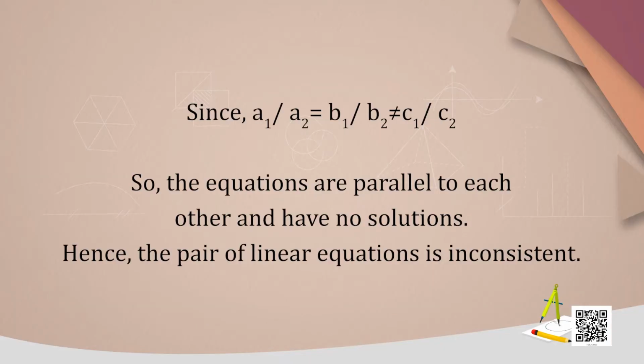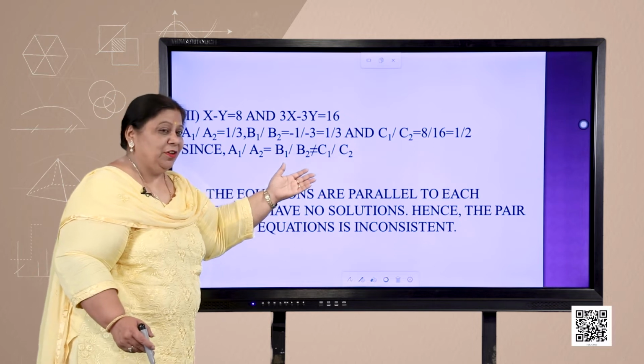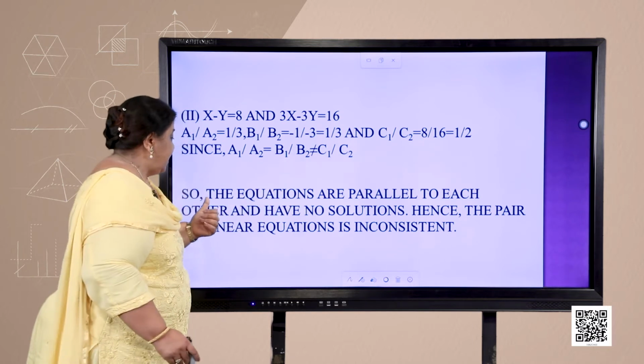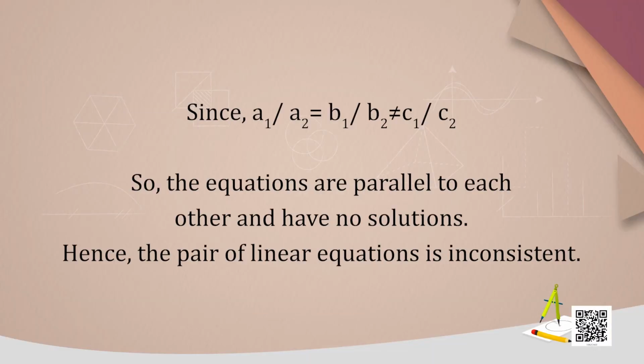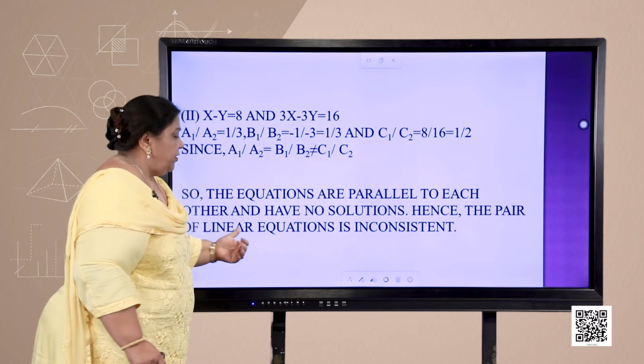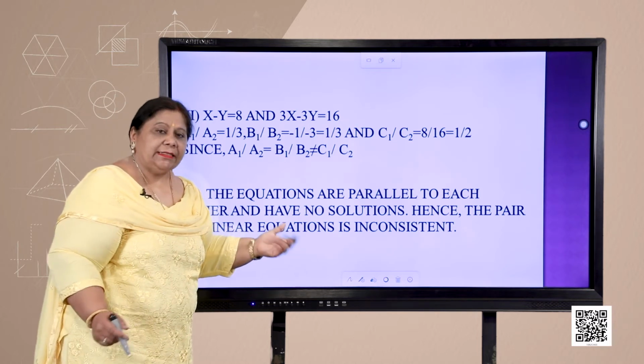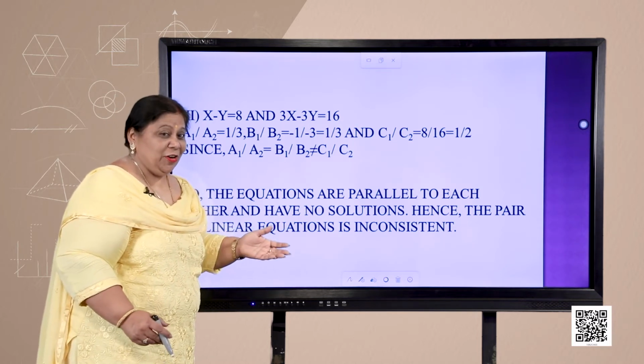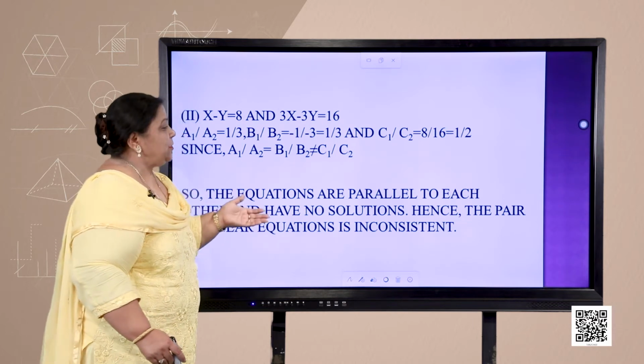Now, since a1 upon a2 is equal to b1 upon b2, but that is not equal to c1 upon c2, what is this condition? The equations are parallel to each other and they have no solutions. Hence, the pair of linear equations is said to be inconsistent. So, we need not draw the graph here.